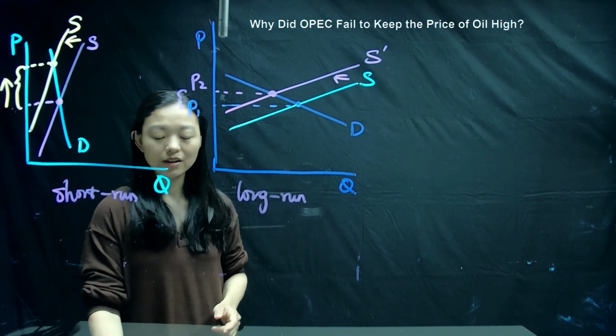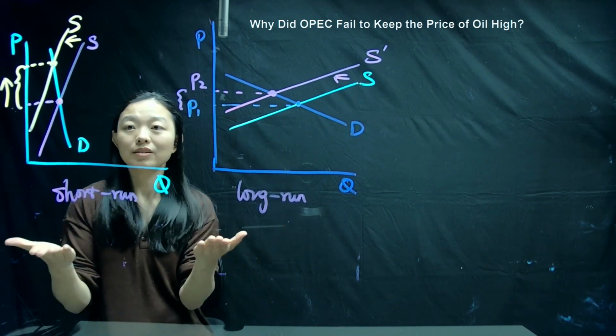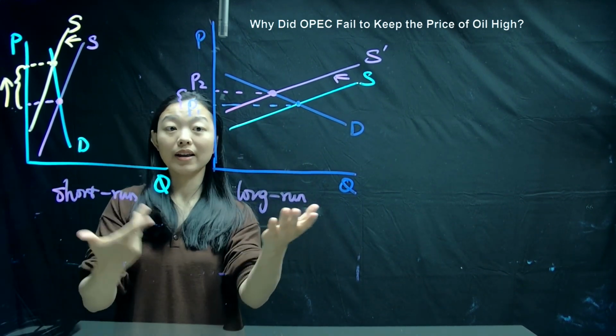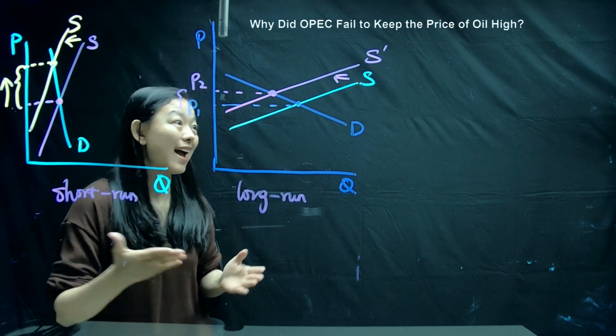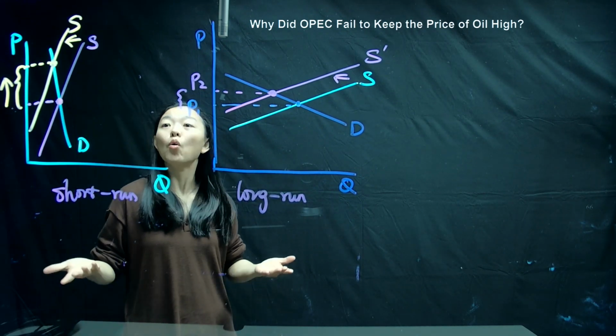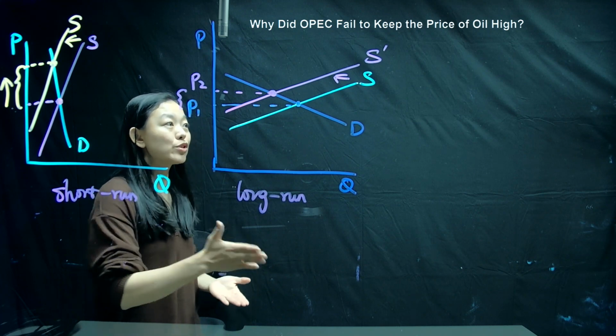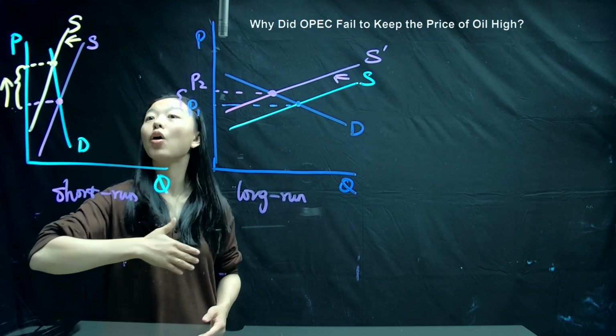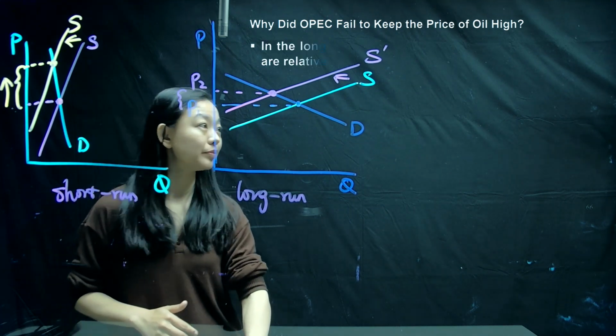So you can see from what we have learned about demand and supply in the short run and in the long run, the different elasticity can help us explain why OPEC failed to keep the price of oil always at a high level.